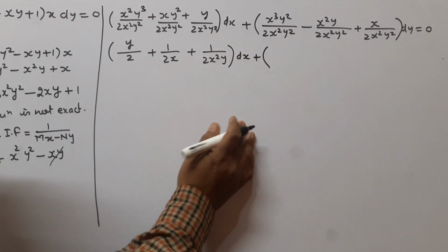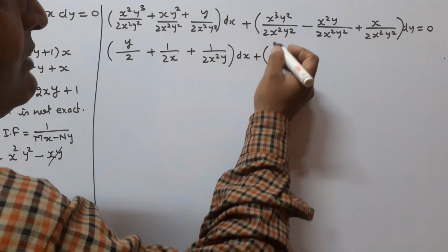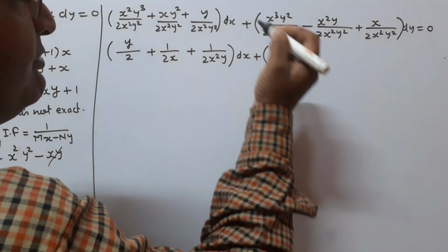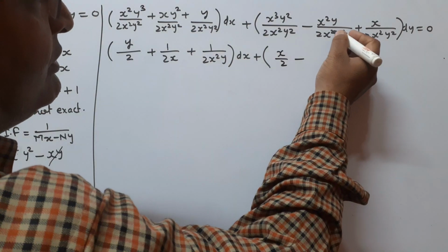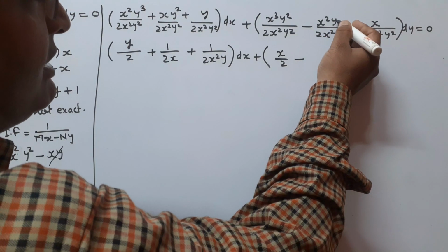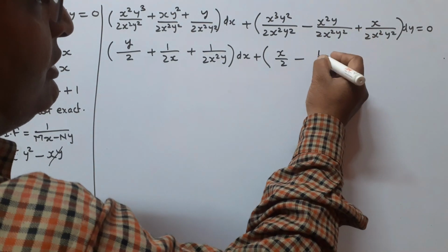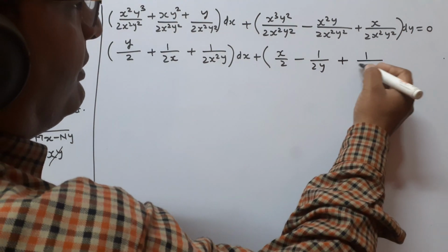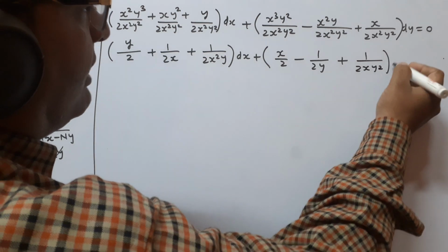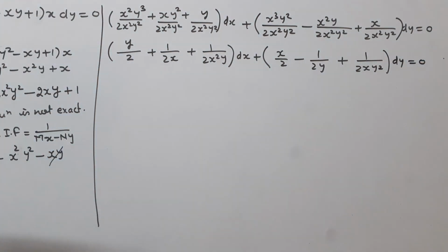In the second term, here y square cancelled by this y square, this x square cancelled by this power cube, so this is x by 2. Here this x square cancelled by this square, y cancelled by this square, so here we get 1 upon 2y, and here 1 upon 2xy square dy is equal to 0.